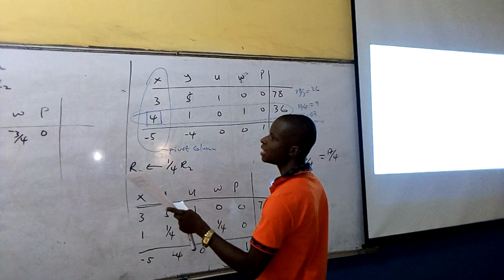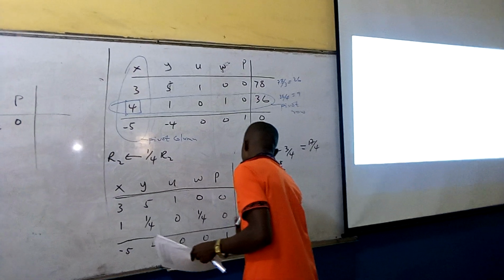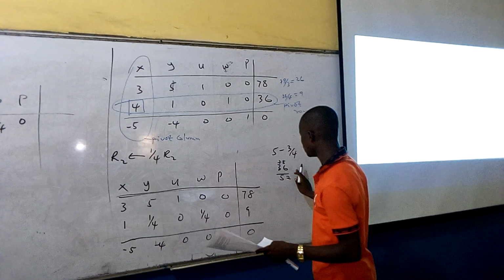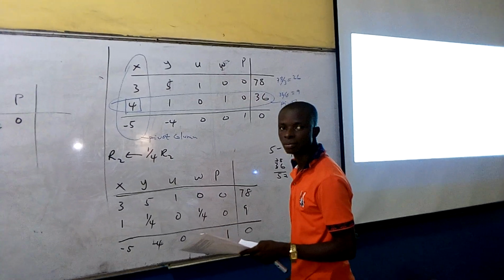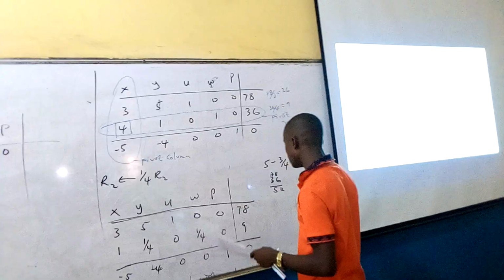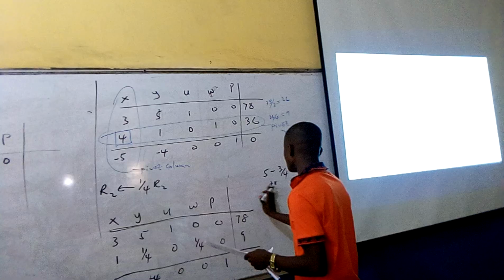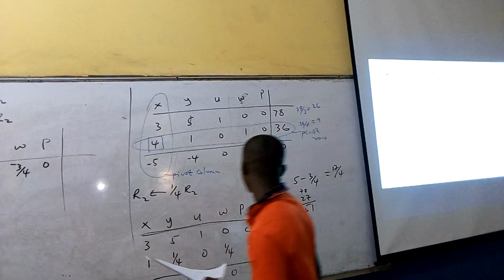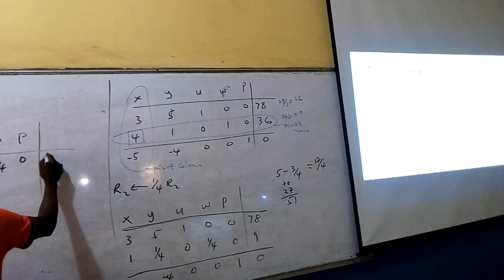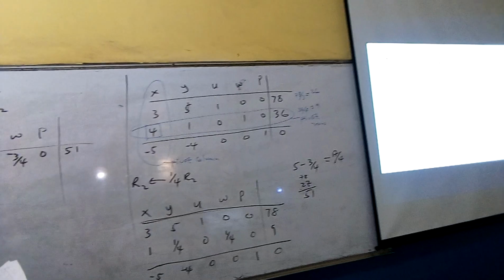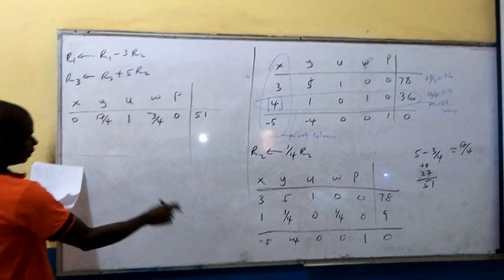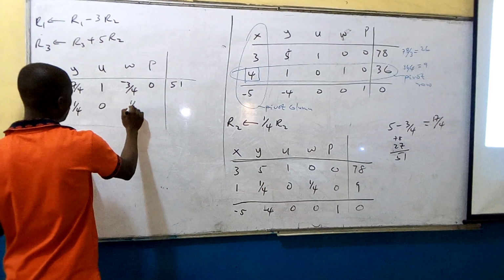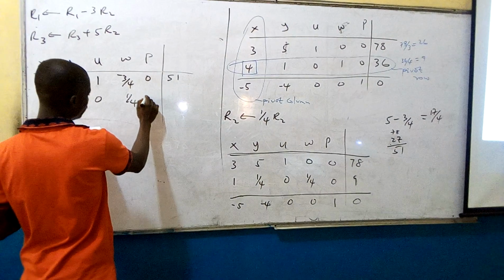What do we do? We multiply this by 3. 9 times 3 is what? 27. So it's not 36. Yes, 27. So it will be 78 minus 27. 78 minus 27 is 51, right? Yes, 51. And this one is 1 over 4.